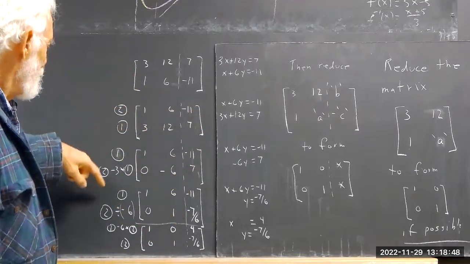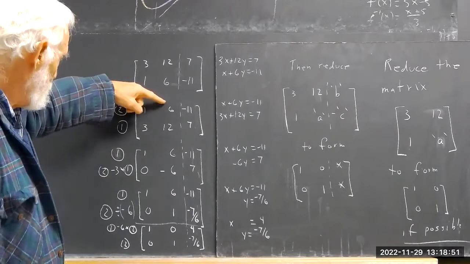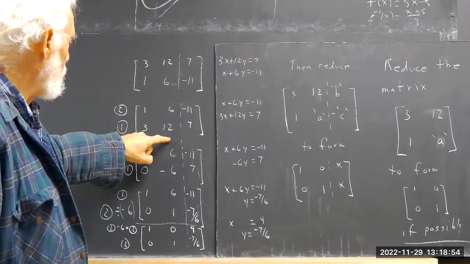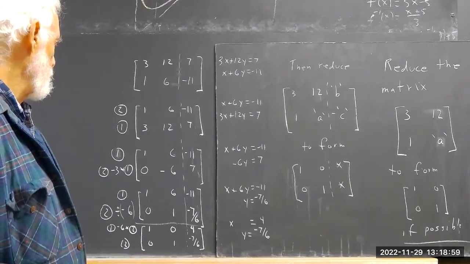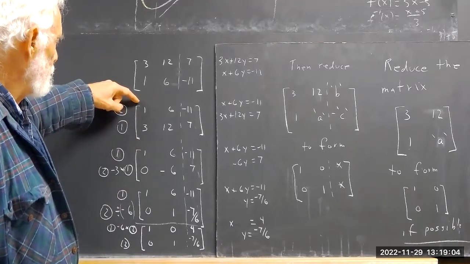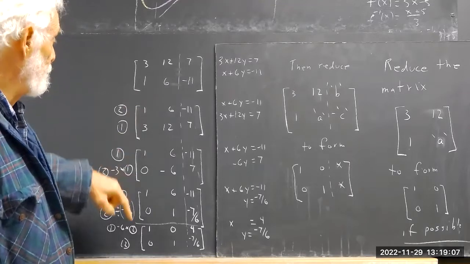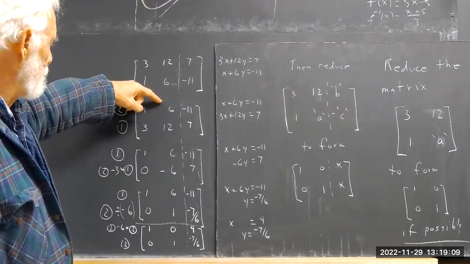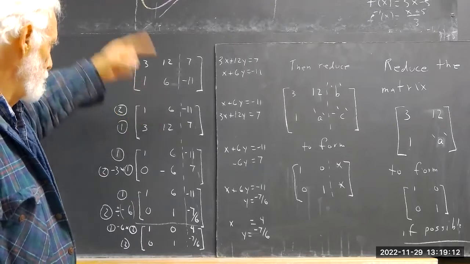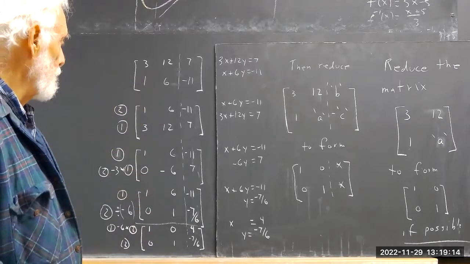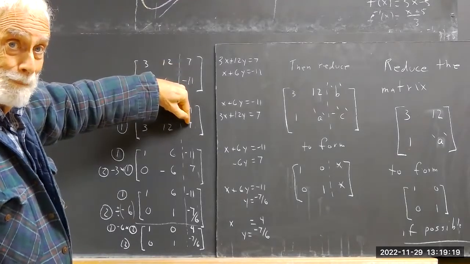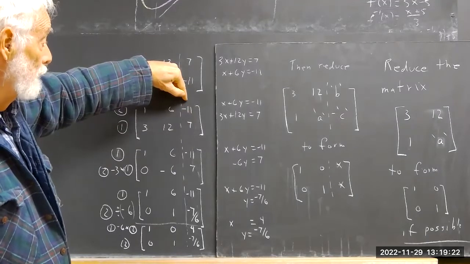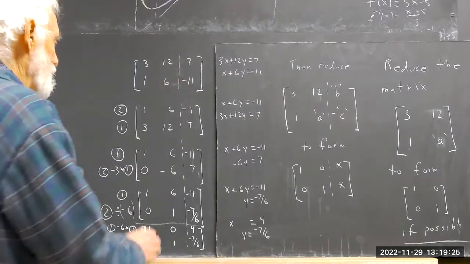Okay, so this is equation 2 minus 3 times equation 1, which appears that I did completely wrong. Because I do minus 3 times this and add it to 3, I get 0. I do minus 3 times this. Oh, that's right. I add it to this and I get negative 6. Okay, that was right. But I never did minus 3 times this added to this, did I? Minus 3 times negative 11 is negative 33. Add that to 7, I get negative 26.